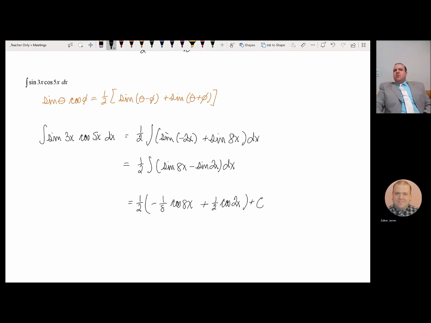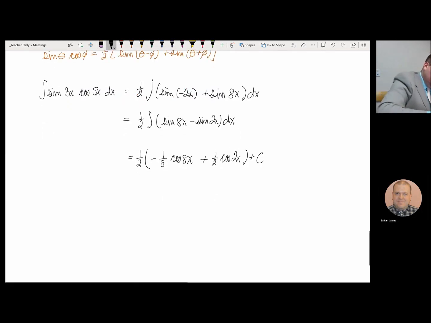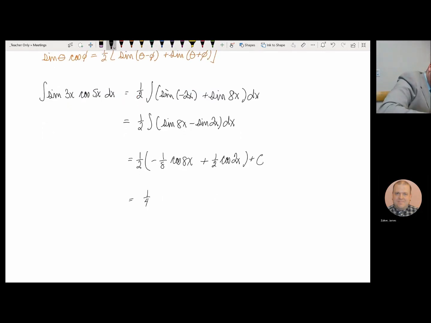Then plus 1/2 cosine of 2x. Then distribute that negative 1/2 through. And there's our antiderivative. And again, you can do fancy stuff to get rid of the 2x and 8x and write it simply in terms of x.